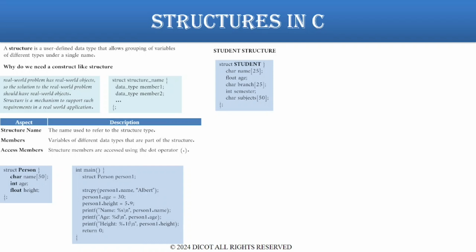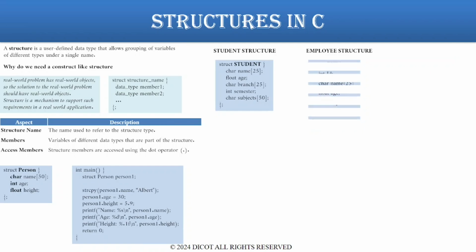A student has a name, age, branch, semester, and subjects. Name is an array of characters, age is float, branch is once again an array of characters, semester is an integer, subjects is an array of characters. So this declares a user-defined data type student, which can be used in a student management application.